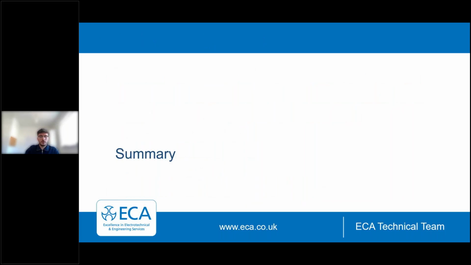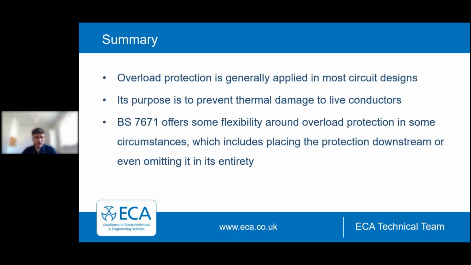Okay, so to finish off with a summary, high-level points. Overload protection is generally applied in most of our circuit designs, typically when we design circuits. And of course, the main purpose of this is to prevent thermal damage to our live conductors.